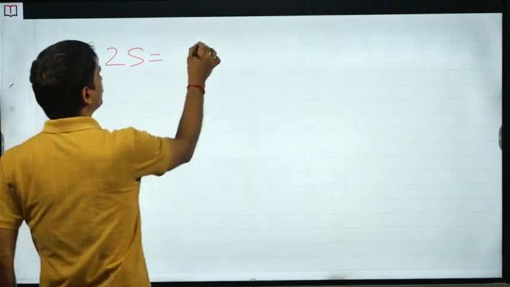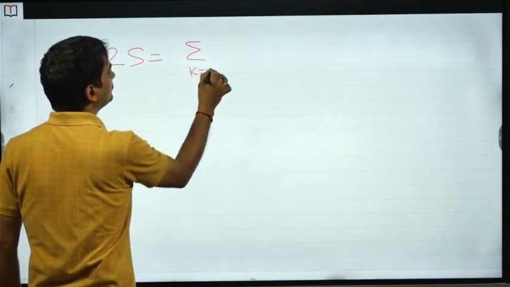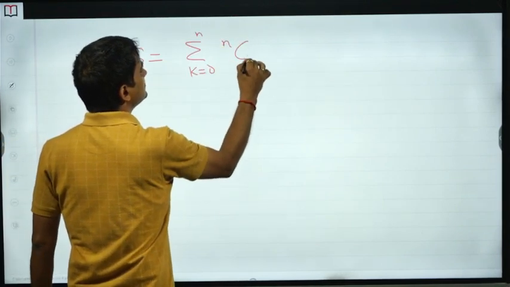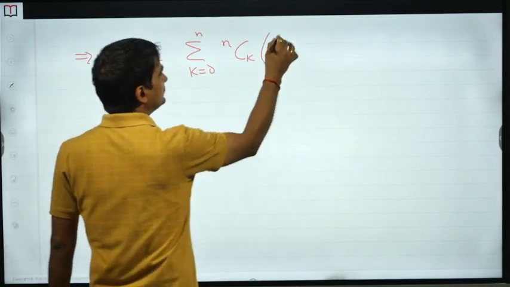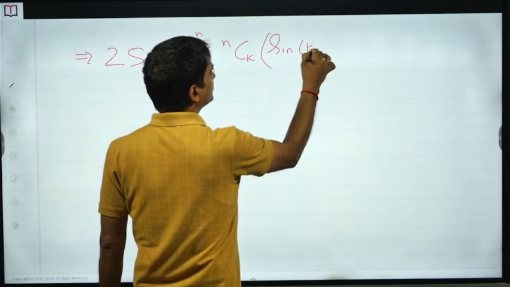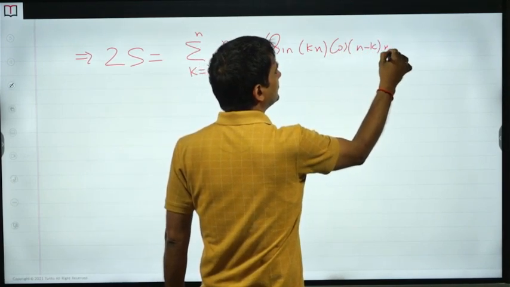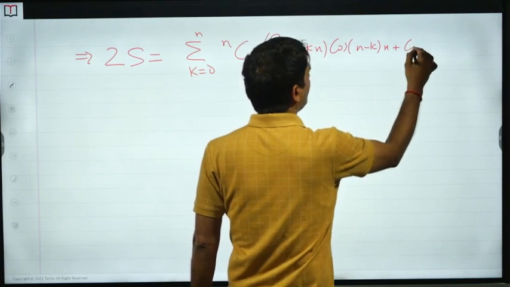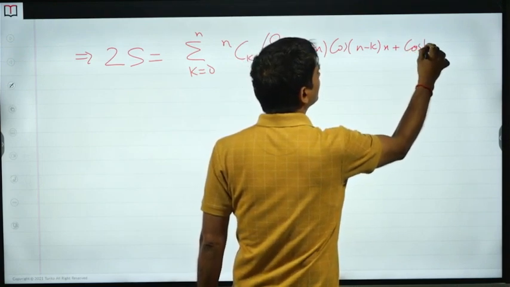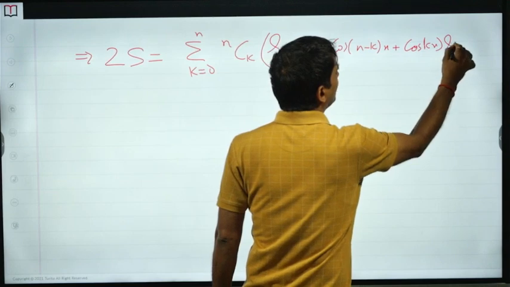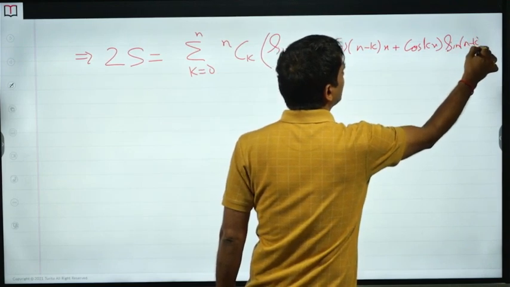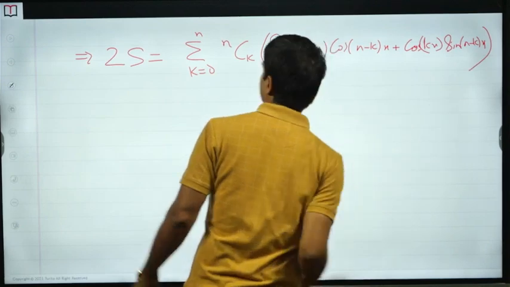So take it common, so summation k goes from 0 to n, nCk is common, then you have sine of kx cos of (n minus k)x plus cos of kx sine of (n minus k) times x, bacho, isn't that? Now what is it?